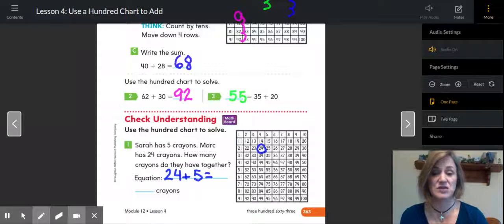If Mark has 24 crayons and Sarah has 5 crayons together, would it make sense that they have 74 crayons? Nope. So we are counting across because we're counting by 1. So starting at 24, it's 1, 2, 3, 4, 5. So together they would have 29 crayons.